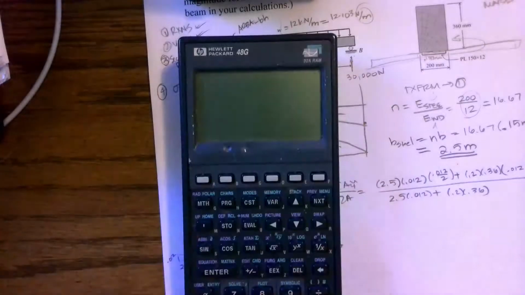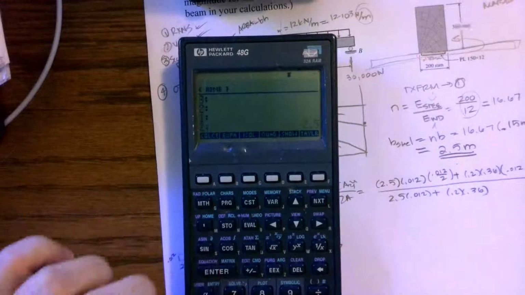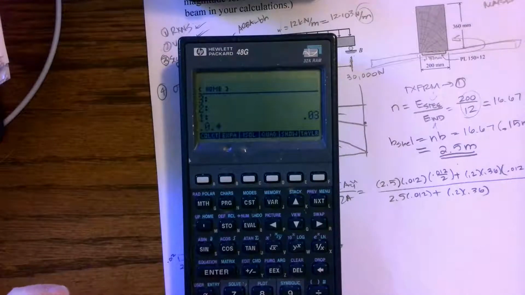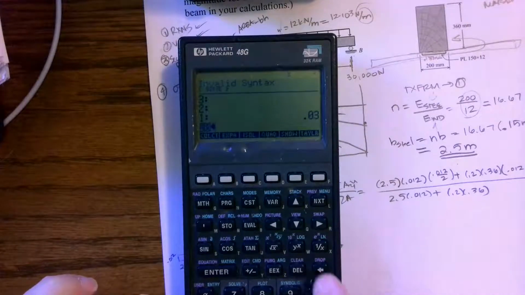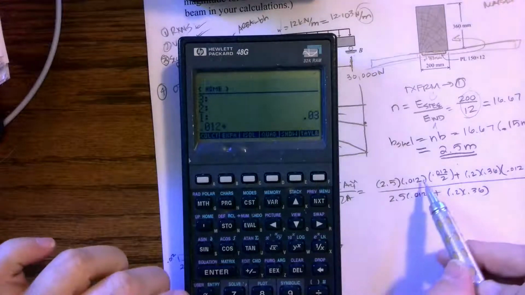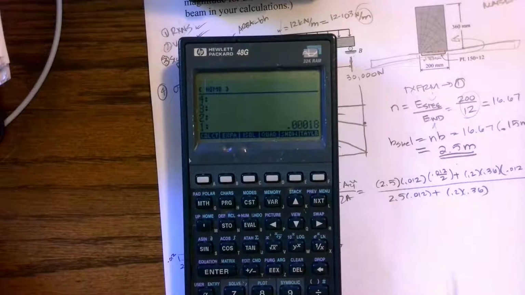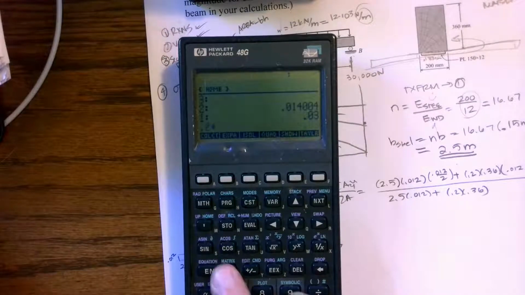So let's figure out what we have. 2.5 times 0.012 times 0.012 divided by 2, plus 0.2 times 0.36 times 0.012 plus 0.36 divided by 2, all divided by 2.5 times 0.012 plus 0.2 times 0.36.